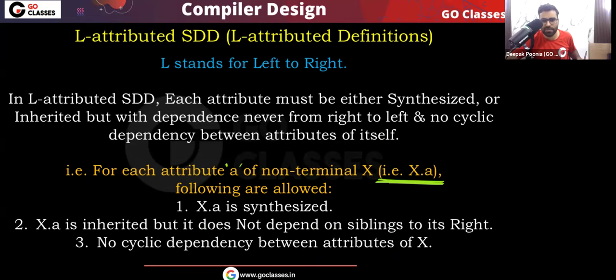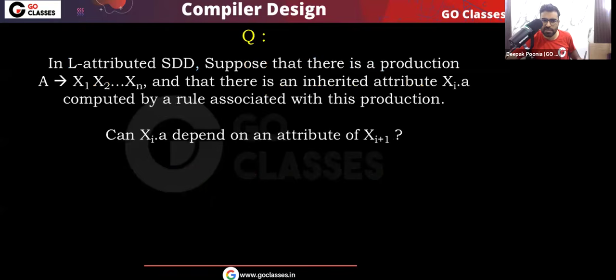Is this clear to everyone? Let me know. This is a very easy definition. I hope you understood. You just need to take care that inherited attributes are not allowed in an L-attributed definition where you are depending on any of your right siblings. You cannot depend on your right sibling.